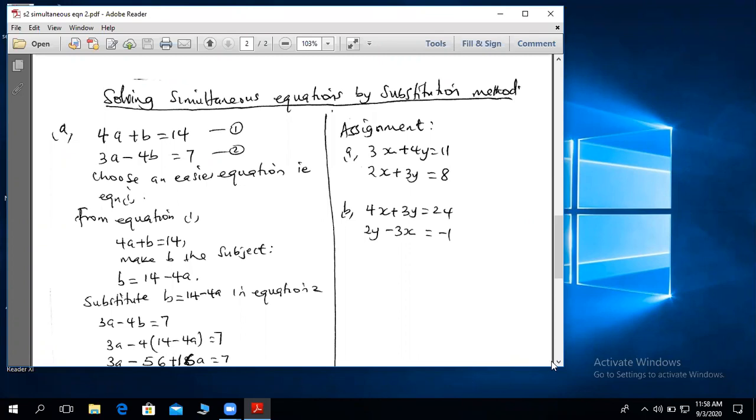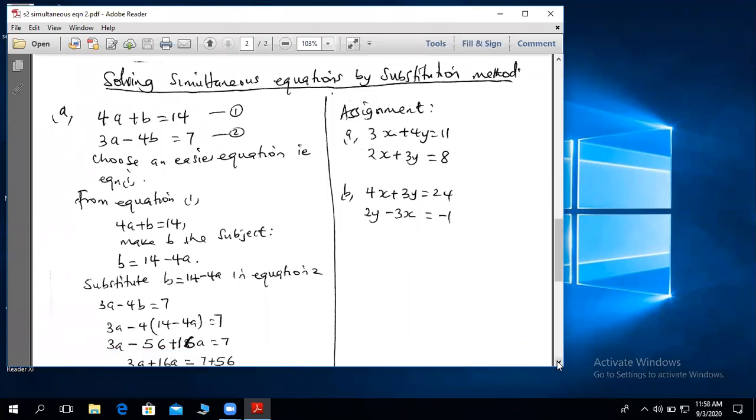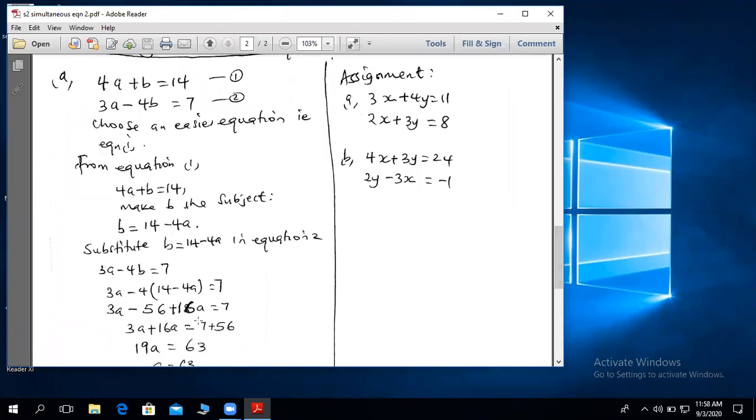Now I'm looking for the value of a. 3a, now I'm going to collect like terms. 3a plus 16a becomes 19a.